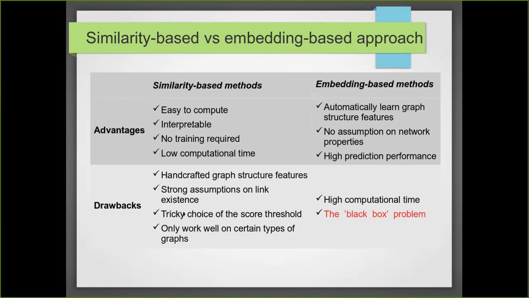The drawback is that similarity-based methods are handcrafted and have a strong assumption on link existence. The problem with embedding-based methods is the black box problem. We don't know what kind of heuristics they learn from the graphs.